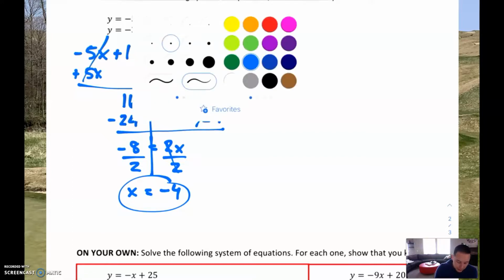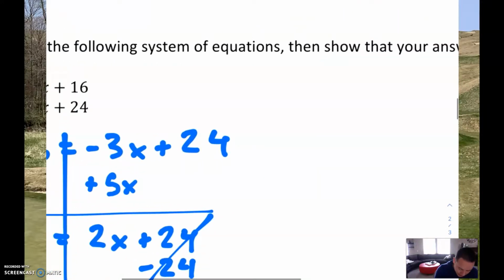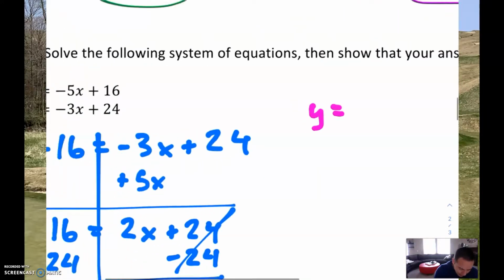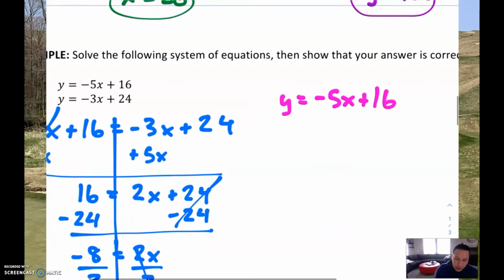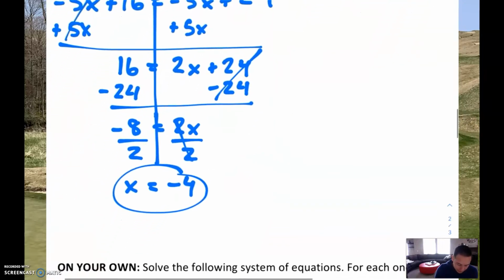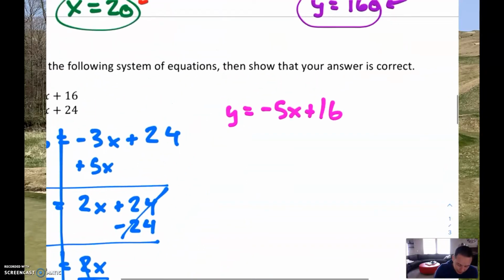Now we have to solve for y. And you can pick the top one or the bottom one. It doesn't really matter. Let's just pick the top one for now. We have y equals, I'll rewrite it once again, negative 5x plus 16. And what we just found out was that x is equal to negative 4. So I'm going to replace this x with a negative 4.